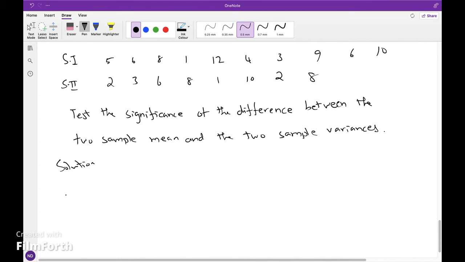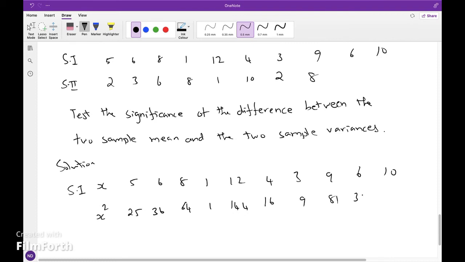Solution. Let us first calculate the mean and variance of the two samples. So sample 1, let us take x, that is 5, 6, 8, 1, 12, 4, 3, 9, 6, 10. So we need to find x squared, that is 25, 36, 64, 1, 144, 16, 9, 81, 36, 100.